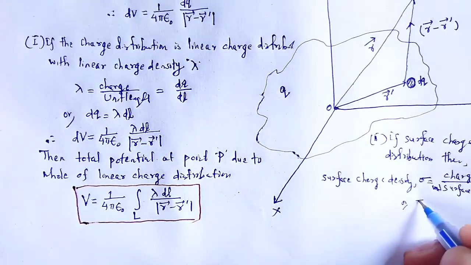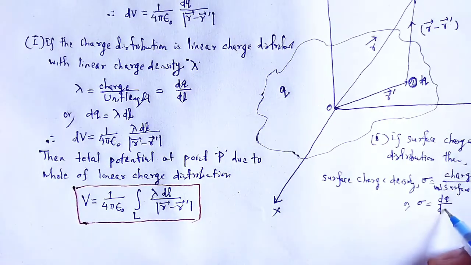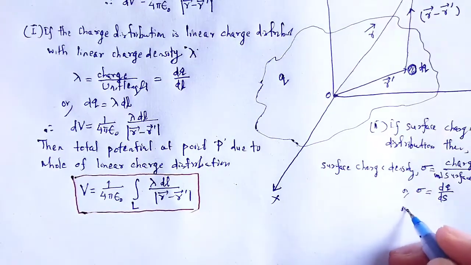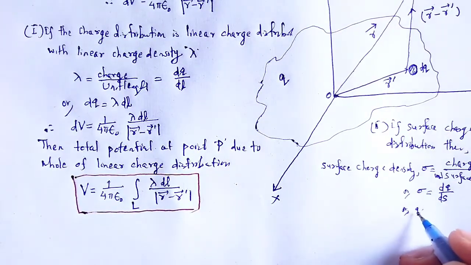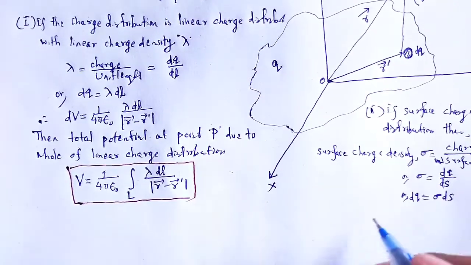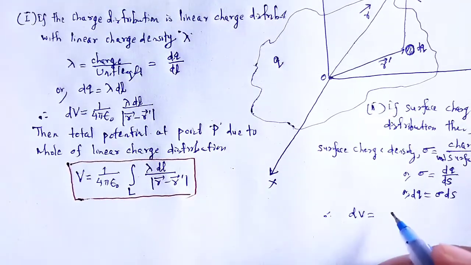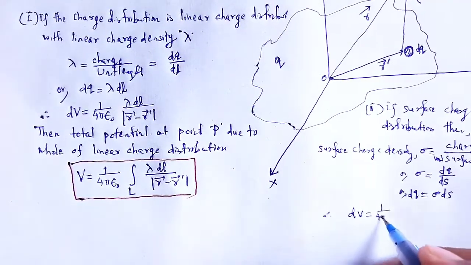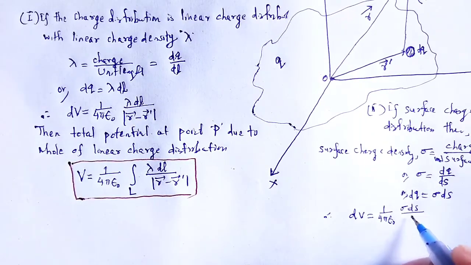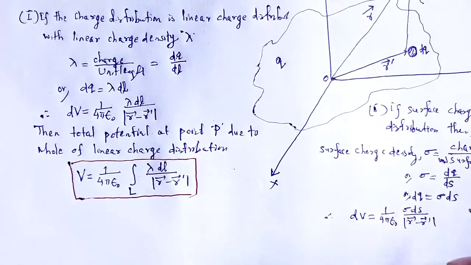So sigma is equal to dq by ds, where ds is the unit surface area. So the charge dq is equal to sigma ds. Therefore dV is equal to 1 by 4 pi epsilon naught, sigma ds divided by the magnitude of r minus r dash.